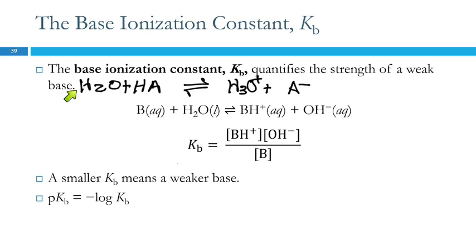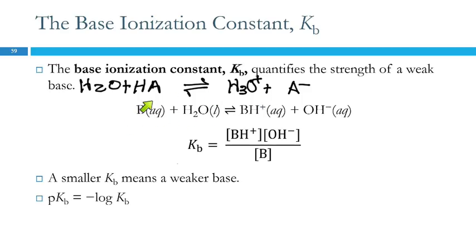So that's what we mean. We often leave the water out in a weak acid equilibrium. We can't do that in a base because we need the hydrogen from that water molecule. So if Kb is small, that means it does not go very far to the products, which means it's mostly just the base waiting to act as a base, and so it's going to be very weak.